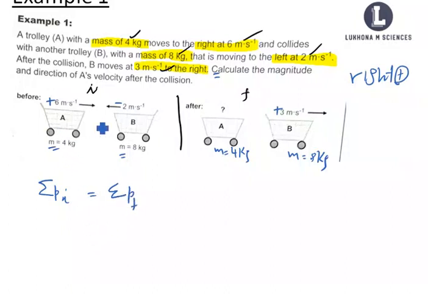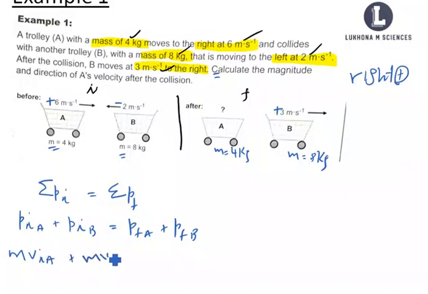We have two objects A and B, which means we have initial momentum for A plus initial momentum for B. If we have a third one, we say plus initial momentum for C, which is equal to final momentum for A plus final momentum for B. So this is the same as mv initial for A plus mv initial for B, which is equal to mvf A plus mvf B.